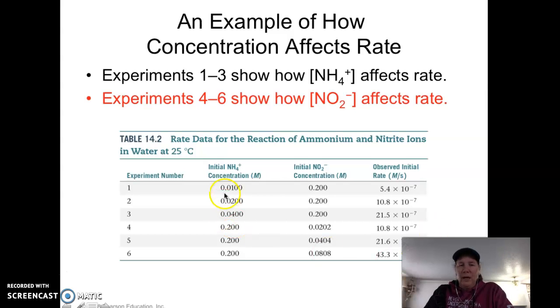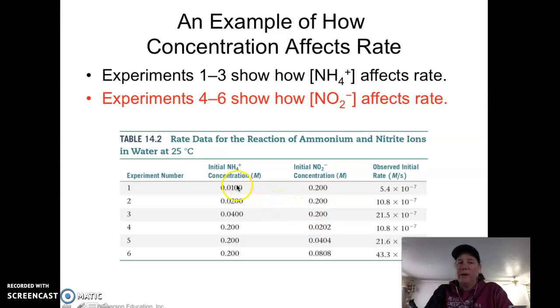Okay, in experiment 1, you can see how NO2 stays the same, and NH4 changes. So if I'm trying to figure out the reaction order of ammonium, I'm going to use these experiments and not one down here, because I need this reactant to be the same.